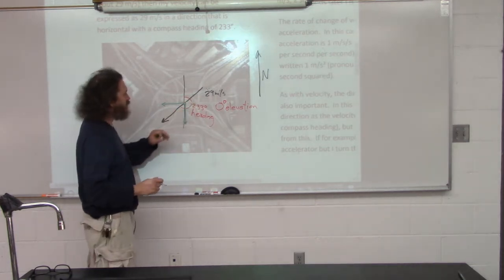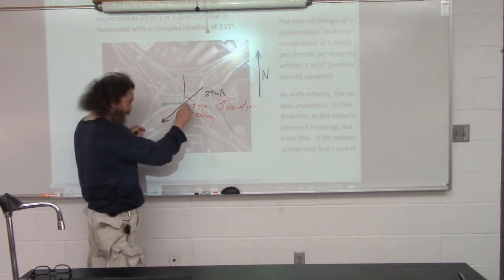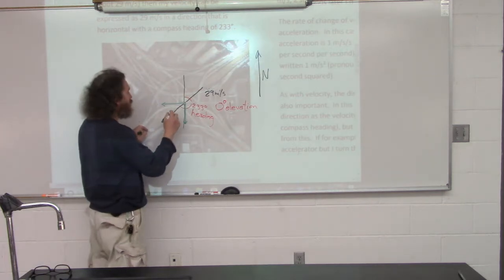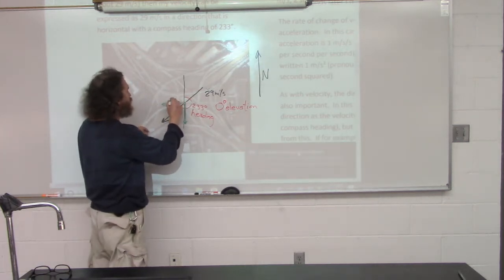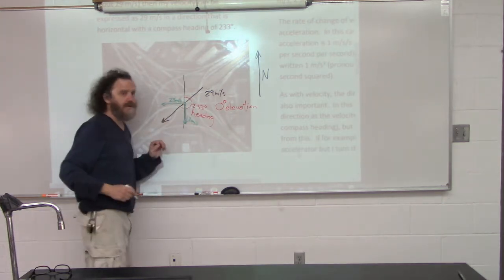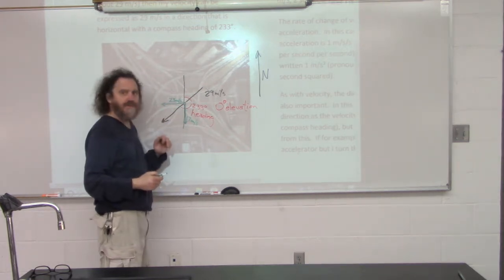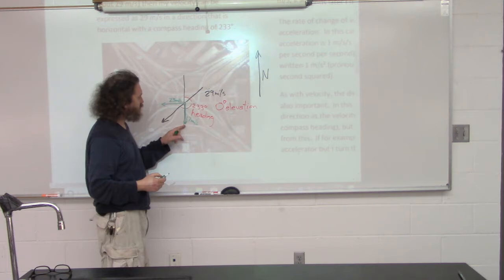And I did some calculations. This 29 meters per second at this heading angle translates to 23 meters per second to the west and 17 meters per second to the south. So I could say that I'm simultaneously traveling 23 meters per second west, 17 meters per second south.